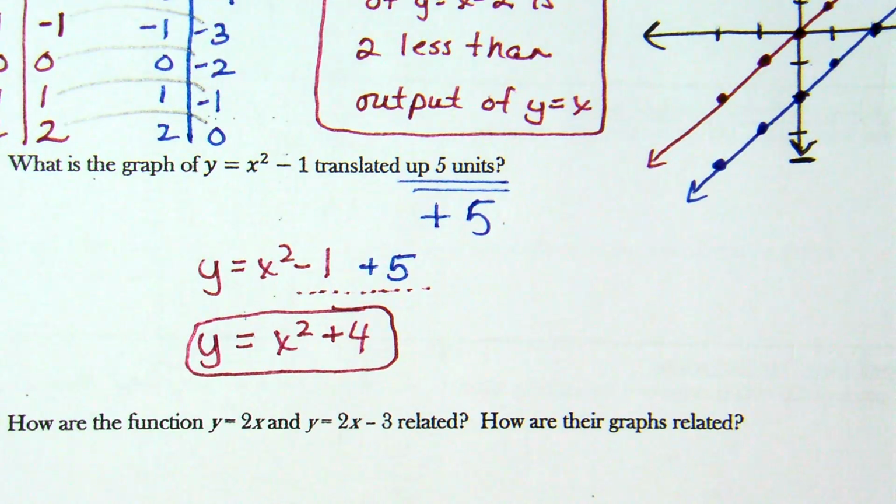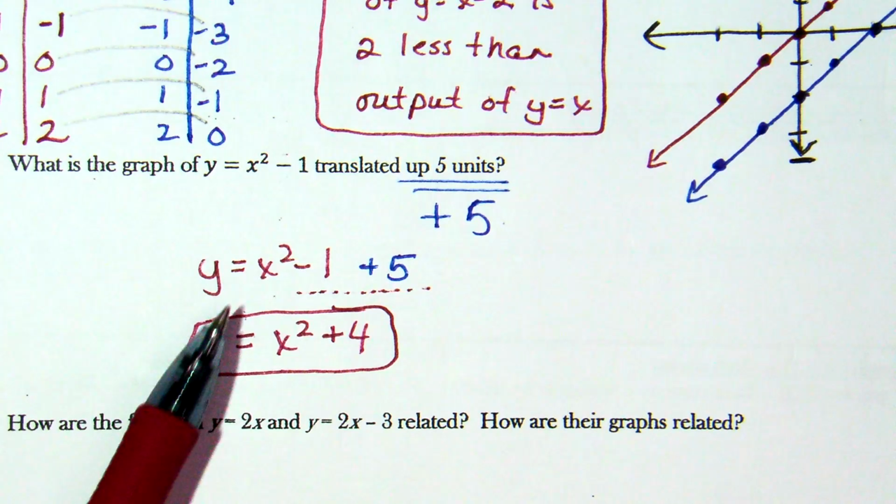Okay. And you guys did some with parabolas back in Algebra 1. I promise you did. I know, 2 years ago for most of you, but still, you did some with parabolas. I call them the U-shapes. But that's what y equals x squared is. So y equals x squared minus 1 is a parabola that was moved down 1.